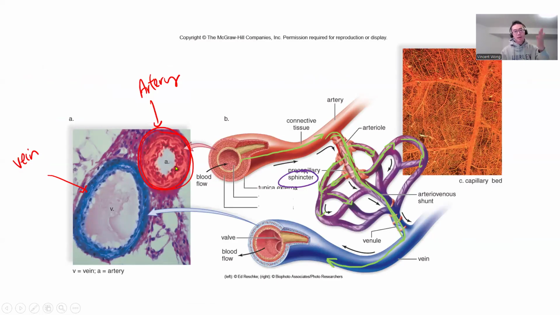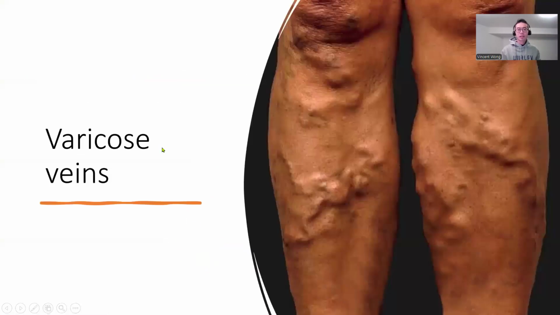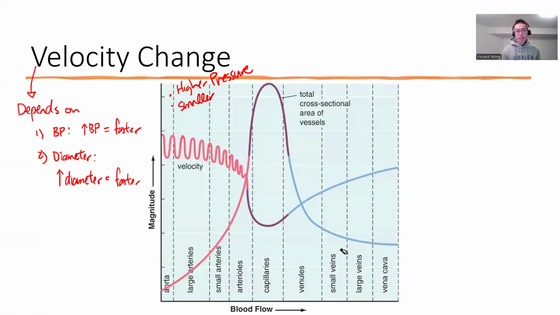So artery is high pressure, but it's smaller. On the other hand, for the veins, it is low pressure, but they are bigger. So, overall, they work out to be about the same. It's a little bit faster in the arteries than it is in the veins, but they are comparable.